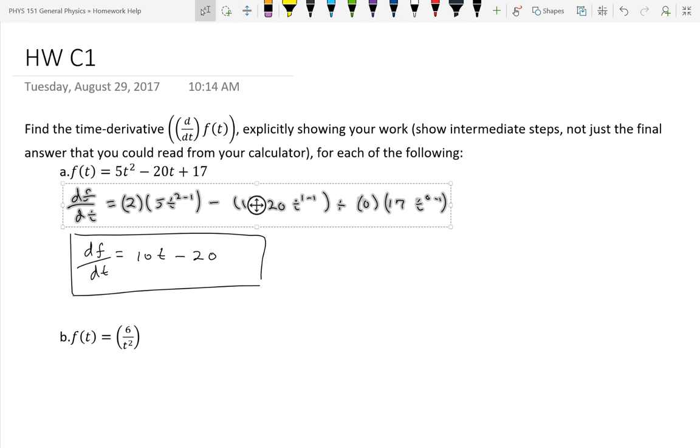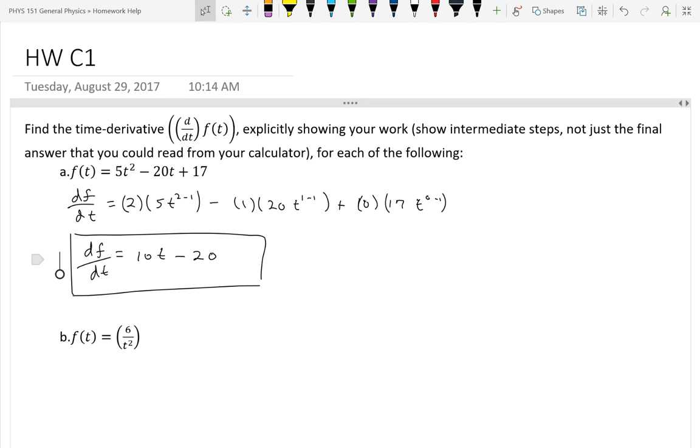Okay, so your solutions just for this assignment, because I want to see that you understand the steps, should be very explicit like I showed here. So I have df/dt is equal to, and you see I brought down the exponent 2, and then I have the 5t raised to the 2 minus 1, because I'm lowering the exponent by 1 for a polynomial, minus, bring down the 1, 20t to the 1 minus 1, and then plus 0 times 17t to the 0 minus 1.